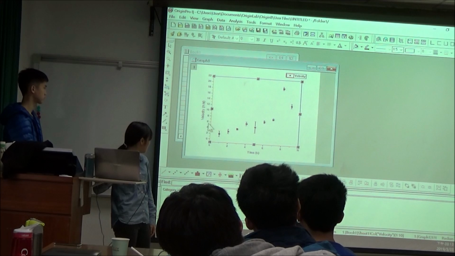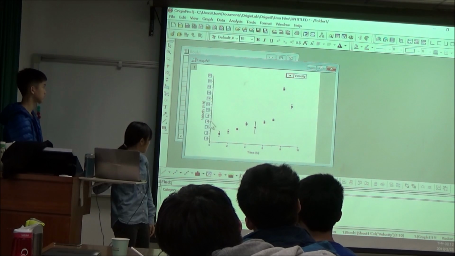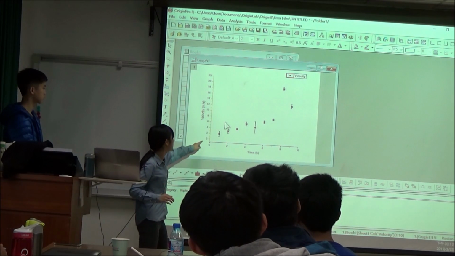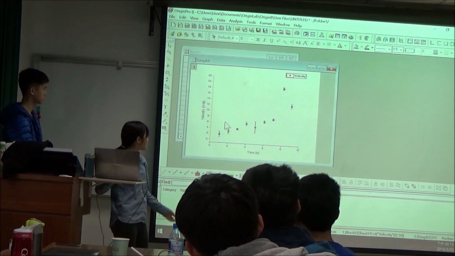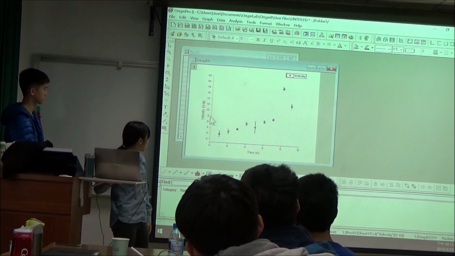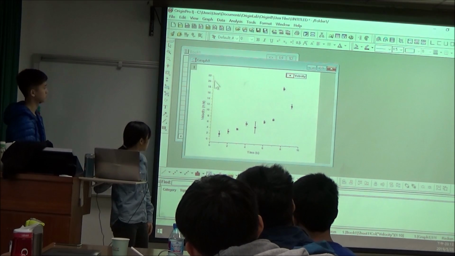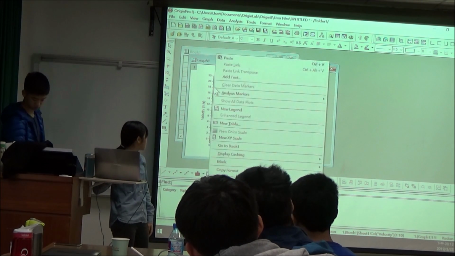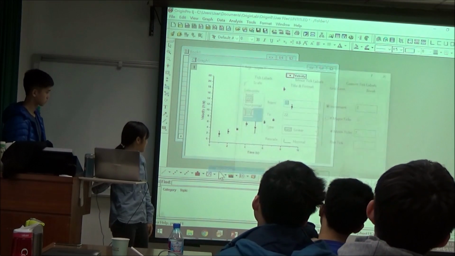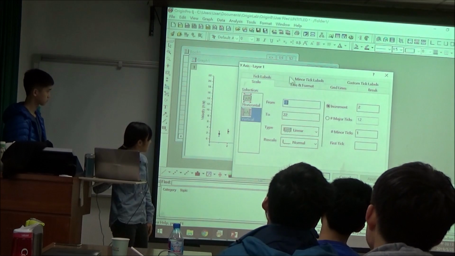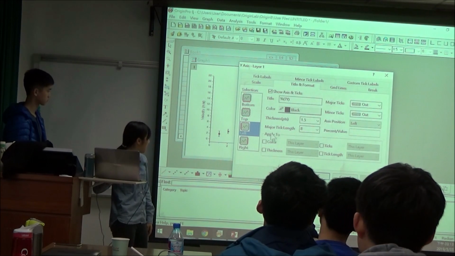So let's start with the axis. We don't like the axis looking like this. We want the ticks to be inside and the axis to be thicker, and we don't want the graph to look like this. So still you double-click and choose property. Property is really a good thing, you can change everything in it.